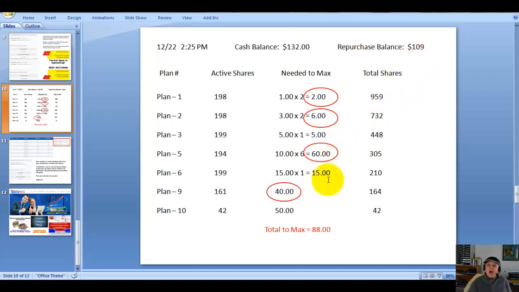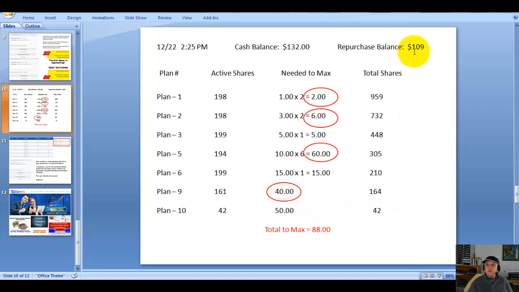But I want to maximize. If I were to just maximize all of these out and take $109 and subtract 88, that leaves me with $21. Well, I can't use that $21 in anything else that I would have left over.